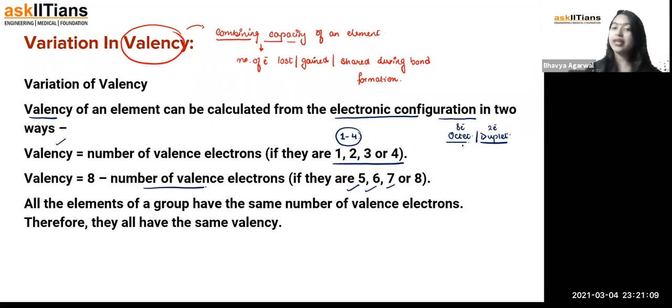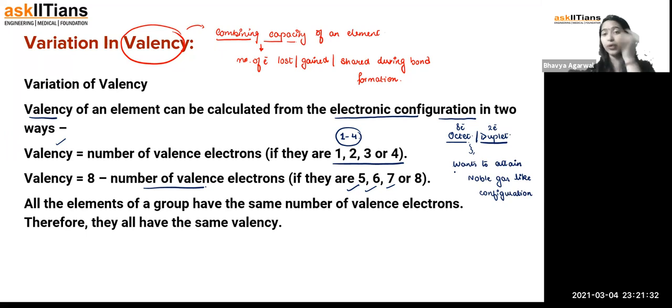So the basic thing is that every element wants to attain a noble gas-like configuration. Noble gases are the ones which have a complete outermost shell or complete valence shell.